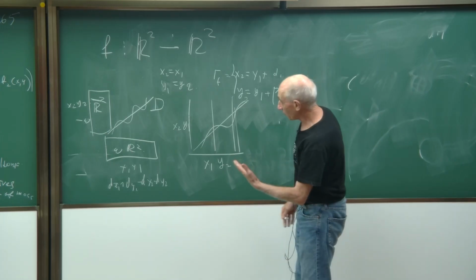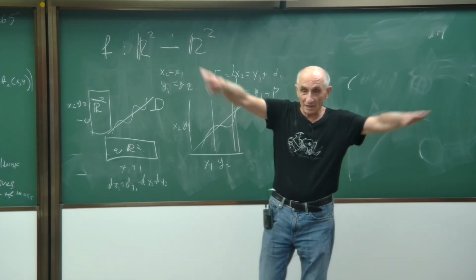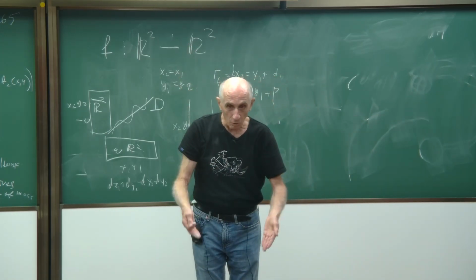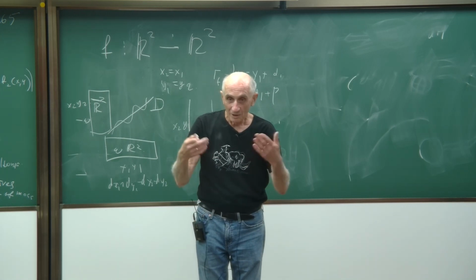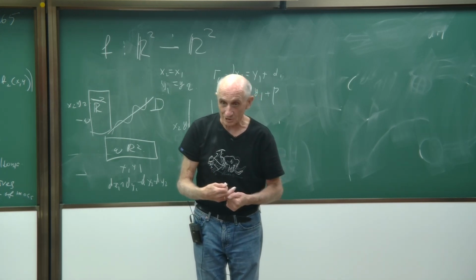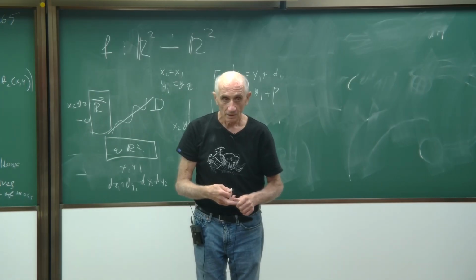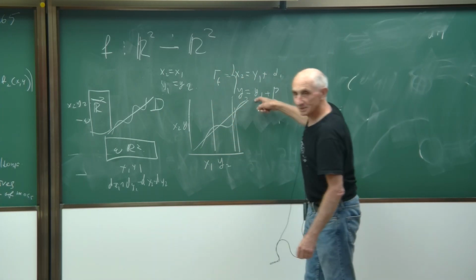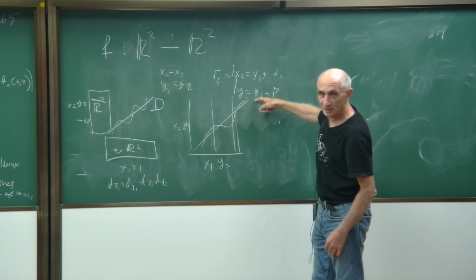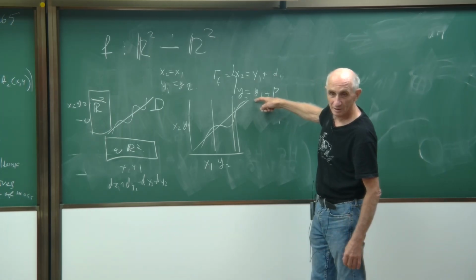Therefore, because they are graphical, they are both graphs of the derivative of some function. The question is which function. So this diagonal D, it's a graph of the derivative of which function?